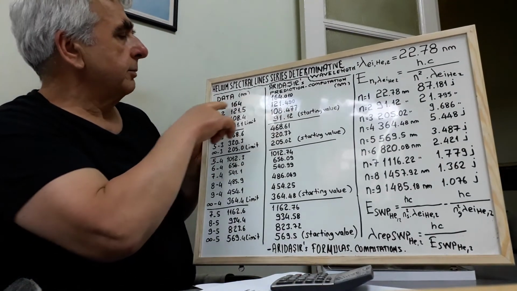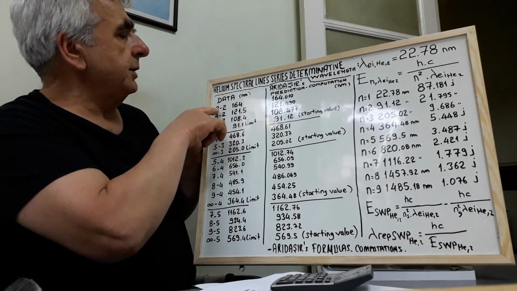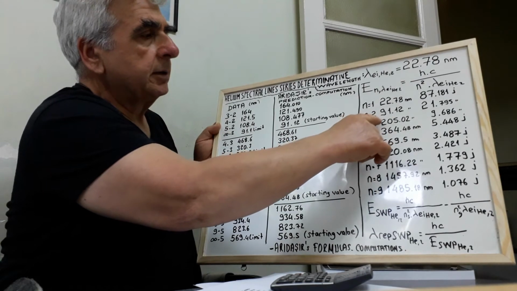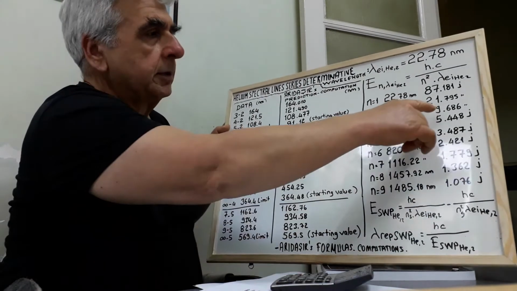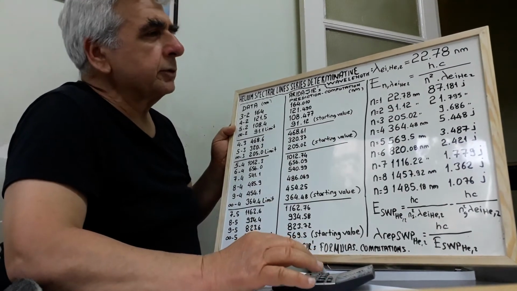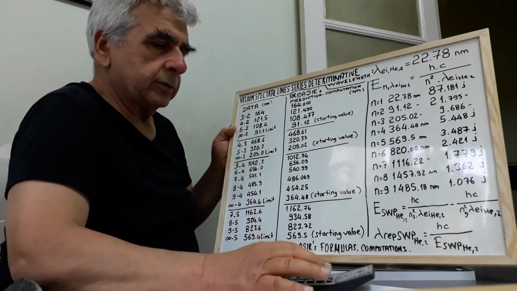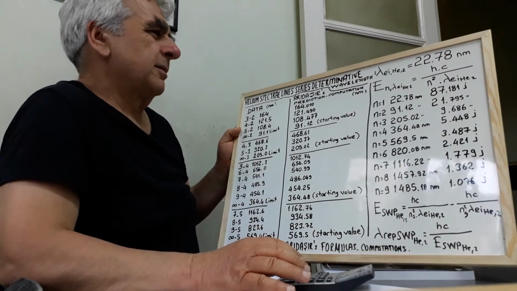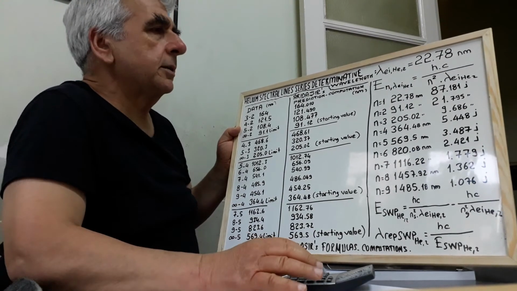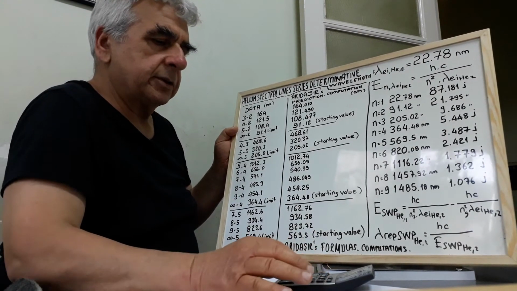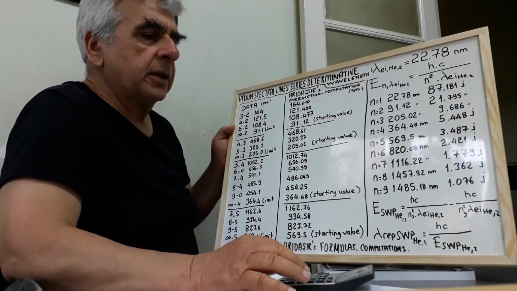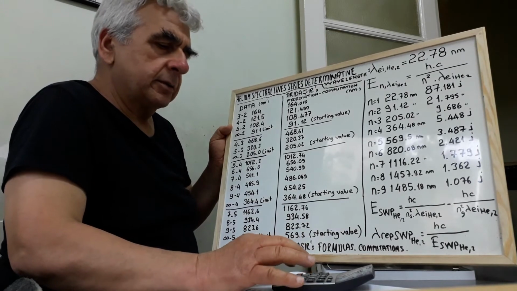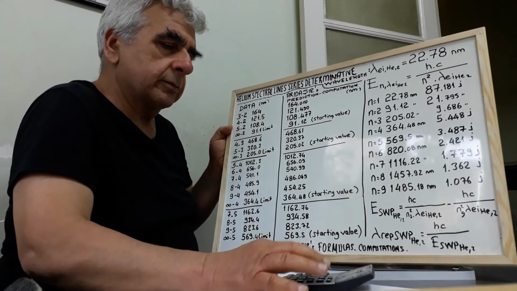Now I will do from 3 to 2. Now 9.686 minus 21.795 equal to 12.109.